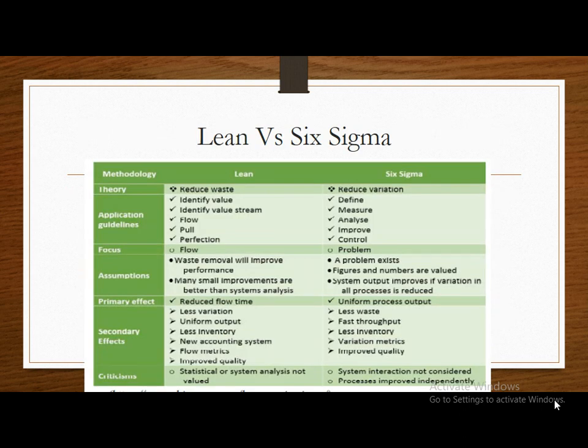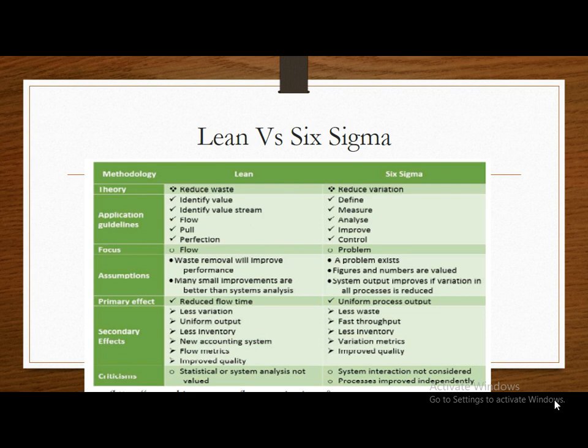So this is a simple chart of the difference between Lean versus Six Sigma. For Lean, the theory is reduce waste. For Six Sigma, the theory is reduce variation in the process. Application guidelines for Lean are identify value stream, flow, pull, and perfection. Application guidelines for Six Sigma are define, measure, analyze, improve, and control.